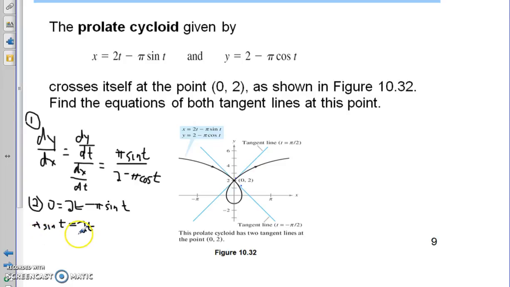Right, and then solving that. Ooh, it looks kind of ugly, doesn't it? We might have to stop there for a minute, because that doesn't look so good. So let's go ahead and try the other one. Let's put 2 in for y. So I get 2 is equal to 2 minus pi cosine t.